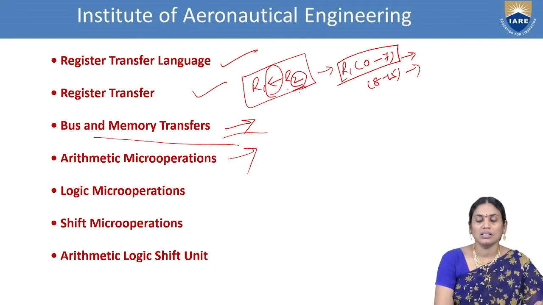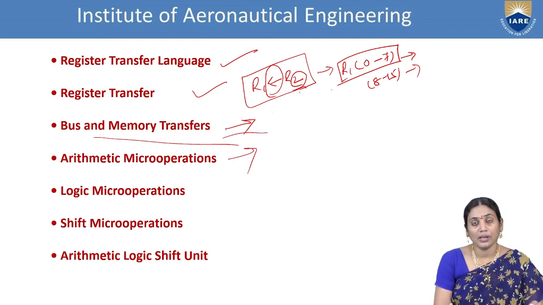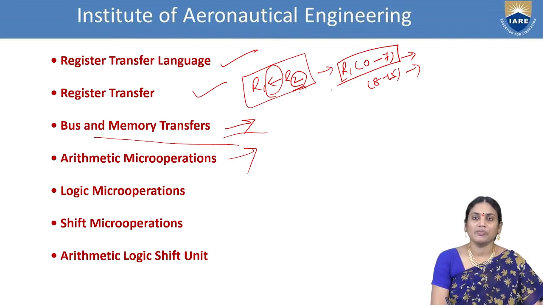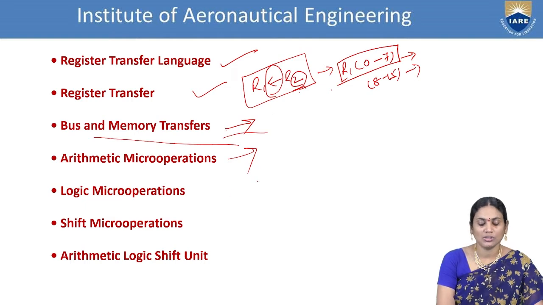For example, this is a micro operation which represents the transfer of data from register 2 to register 1. Similarly, there are different micro operations suggested to handle data transfer between register and ALU. For this reason, we divide the micro operations into different classifications: the arithmetic micro operations, logic micro operations, shifting operations, and finally, the design of an ALU.